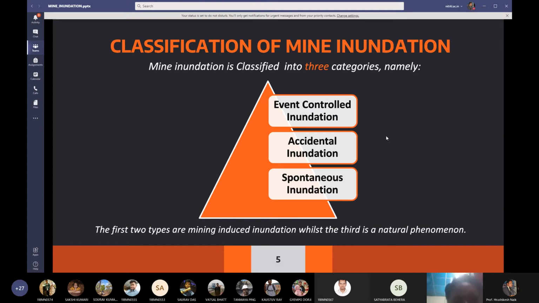If you go for classification of mine inundation, it is divided into event control or mine induced inundation. The third is a natural phenomenon.